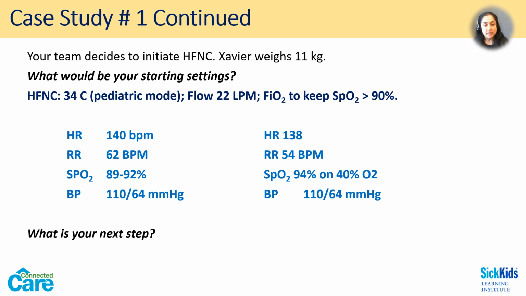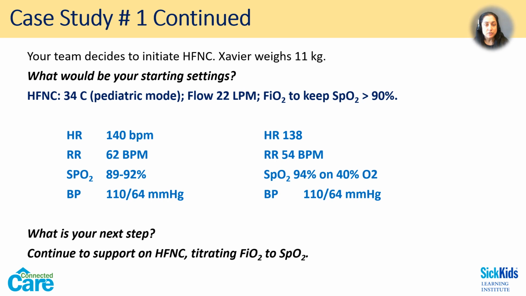You see here that that is a good response. So your next step would be to continue to support him on high flow nasal cannula and continue titrating the FiO2 to sats. So this is how we would approach going from standard oxygen to high flow nasal cannula using some objective measurements.